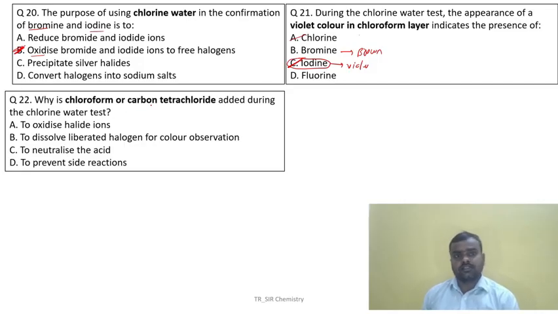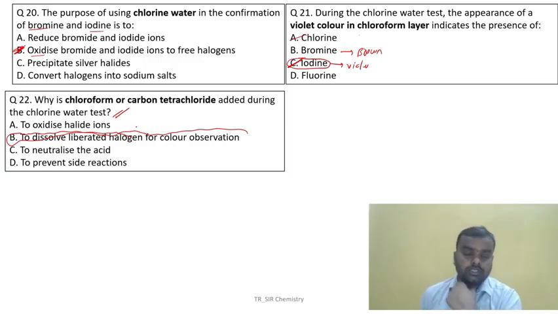Why are chloroform or carbon tetrachloride added during the chlorine water test? Very good question. Why are we adding it? To dissolve and liberate the halogen for color observation. That is the purpose. Not to oxidize, not to neutralize. So option B is the right answer.